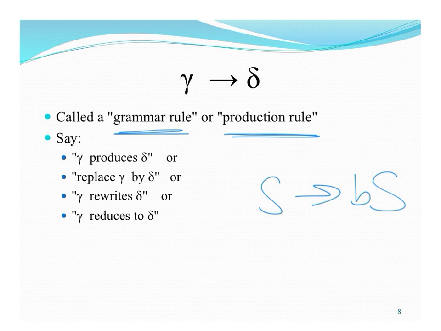In fact, you've heard me say informally, though it's not so accepted, gamma goes to delta, or I often say expands to delta, even though reduces to is the more polite, more official way to say it. So here I would say S produces BS, or S reduces to BS, or one of these.